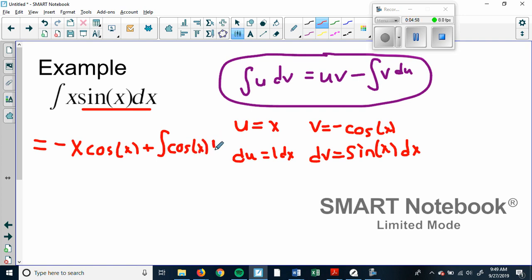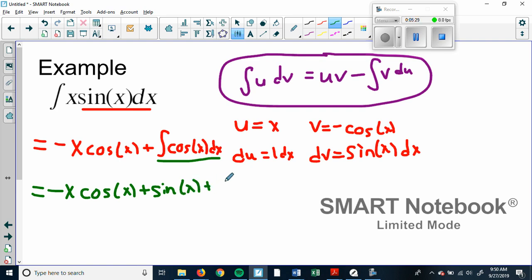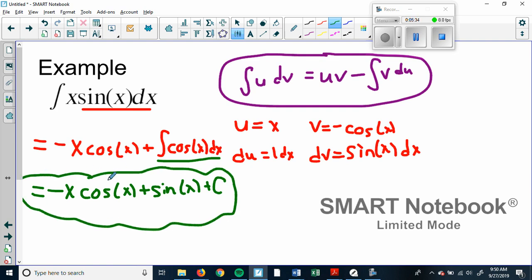Oftentimes they set it up well for us, and this now is an integral that we know how to do. So this is negative x cosine of x, and you know that the antiderivative of cosine of x is sine, so plus sine of x. And since it's really an antiderivative, it's plus c. And so that is the answer.